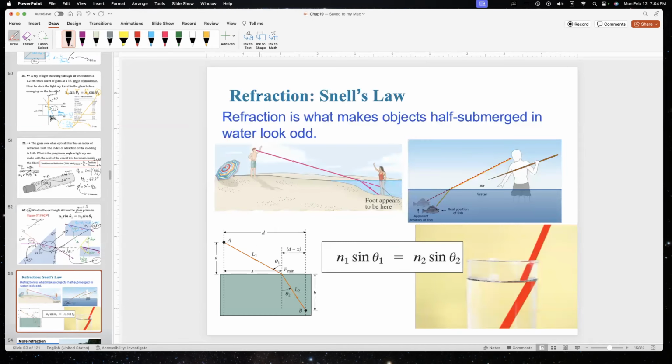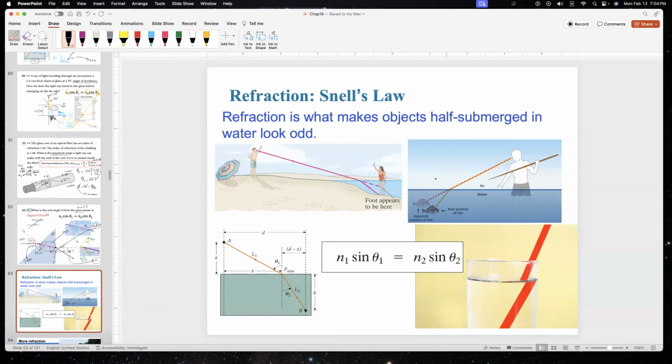All right, so the law of refraction, or Snell's law, is because light bends in direction. What happens when it enters a different medium is why we see things apparently as broken, when we go from one medium to the other. So it makes the objects look odd, and the objects will always appear to be closer than they really are.